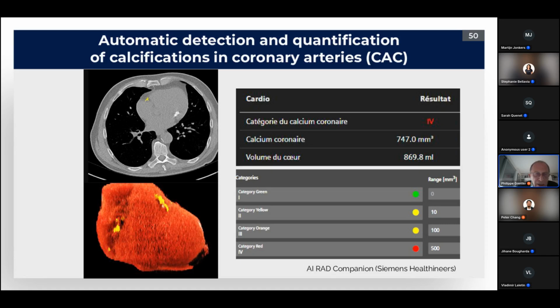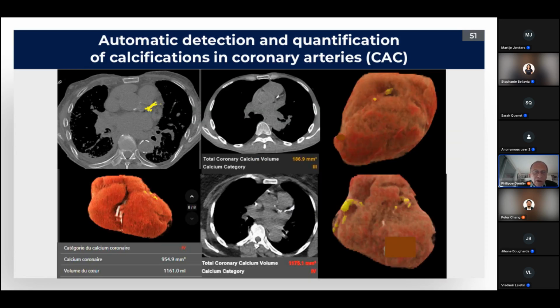Grade 1 is 0 to 10 cubic millimeters of calcium, grade 2 from 10 to 100, grade 3 from 100 to 500, and grade 4 is more than 500. This is an example of grade 4 with this volume of calcification. We see other examples here, grade 4, grade 3, and grade 4.